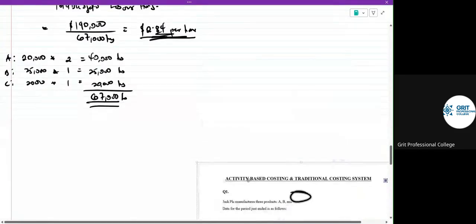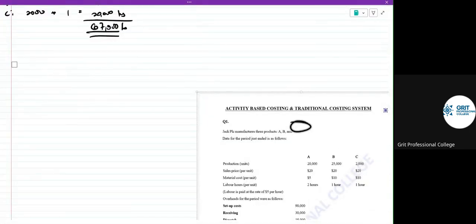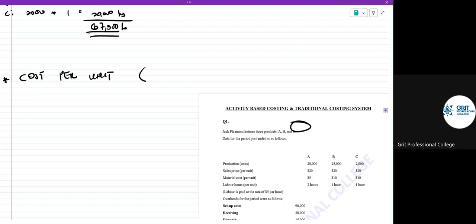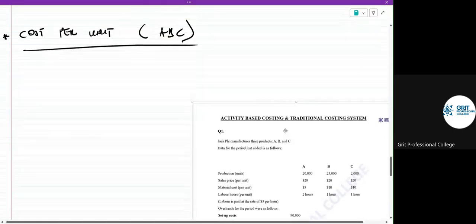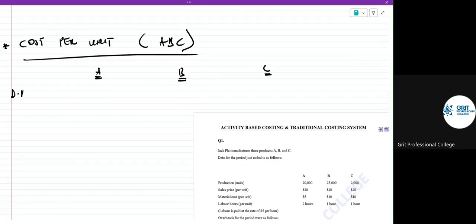So ABC will follow the 5 steps. I like to do that so that you appreciate it. So the cost per unit using the ABC approach. We are doing the same thing. We have 3 products, A, B, and C. What goes into the cost of the product?